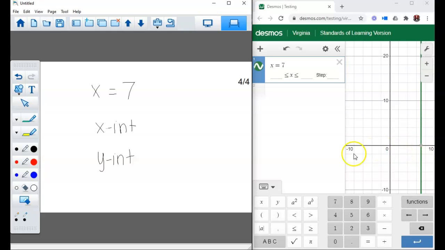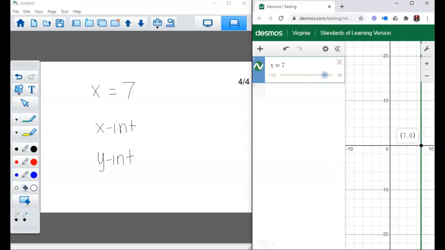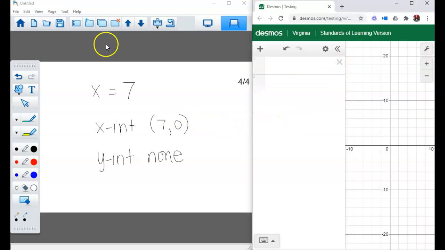On the x-axis, I'm crossing right there, which is 7, 0. But then when I look at my y-axis, I don't cross that at all. So for y-intercept, I would put none. I don't have a y-intercept for this line.